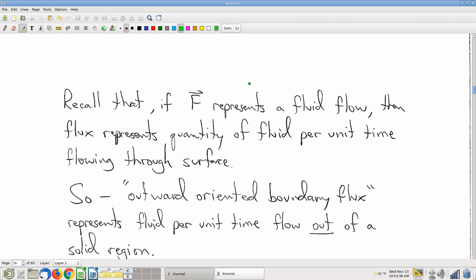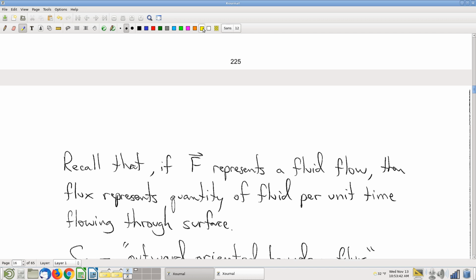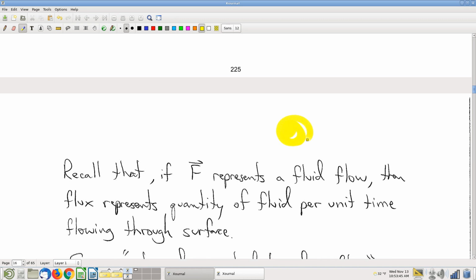But what if you're talking about a solid and its boundary surface? Again, you can still talk about flux, and here's a fluid. Let's suppose the fluid is flowing like that.